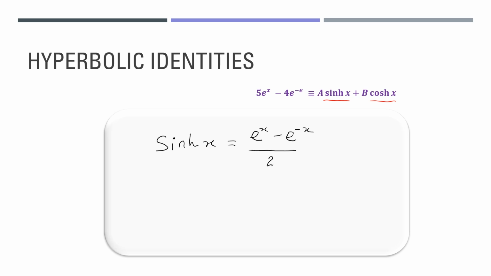Coshx is also hyperbolic cos of x, and so coshx is equal to e^x plus e^(-x) all over 2.